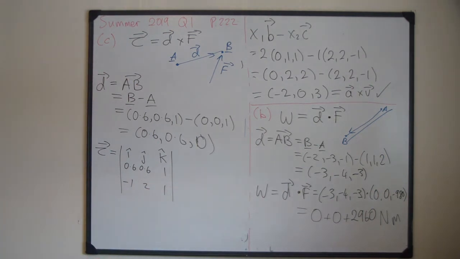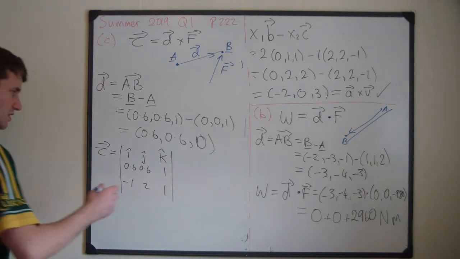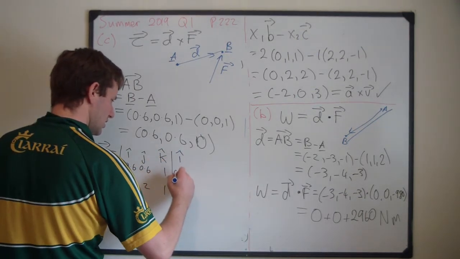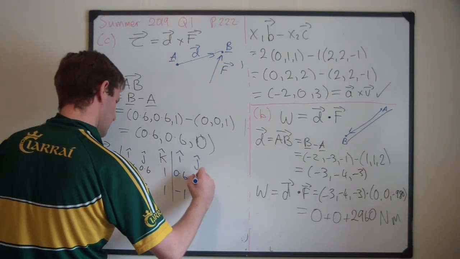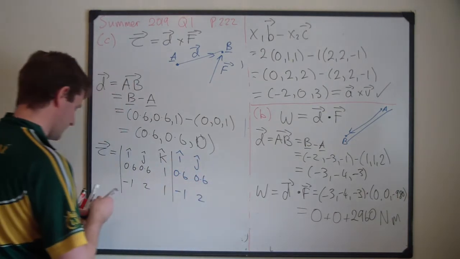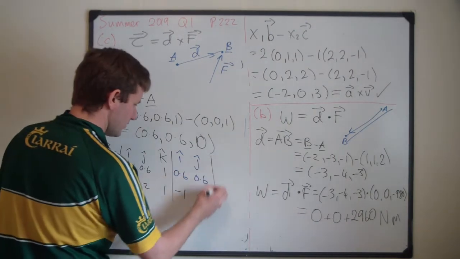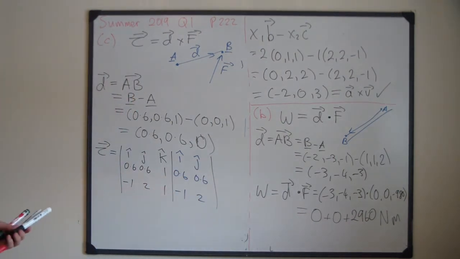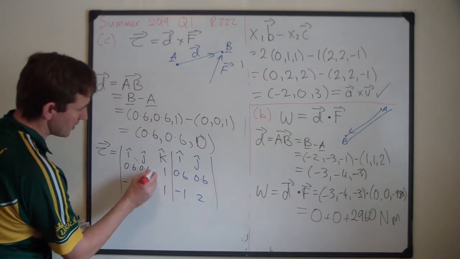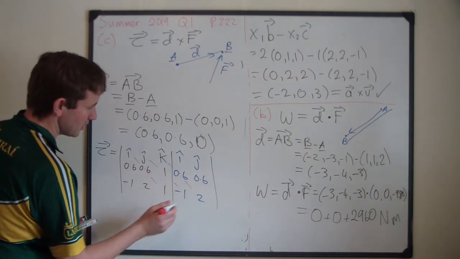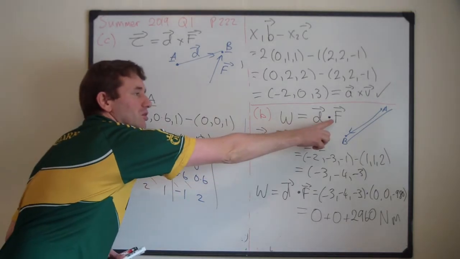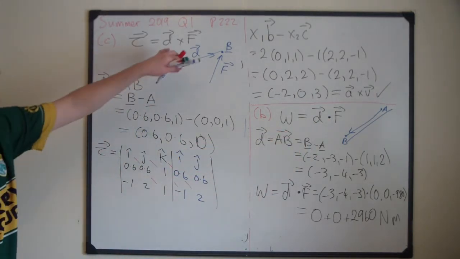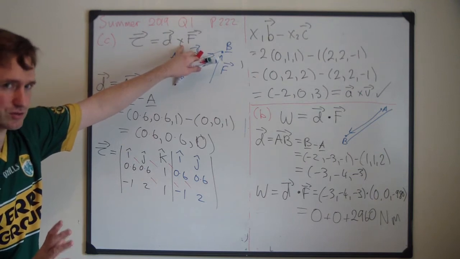And as before, how do you calculate these? You write the first two columns again and we do our right down diagonal minus left down diagonal. That by that by that, that by that by that, that by that by that. And obviously if you do this with a vector product and this with a scalar product, you're doing very poorly.